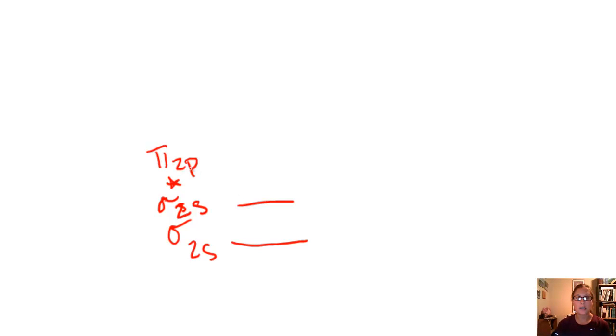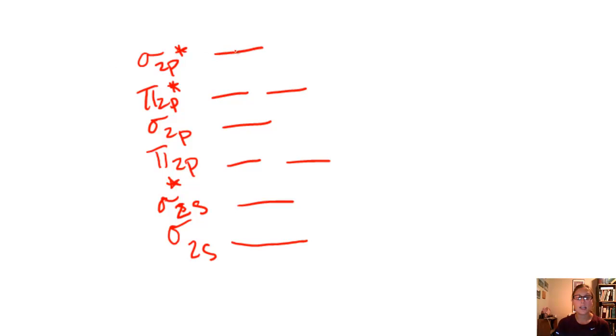Then we have pi 2p, then sigma 2p, then pi 2p asterisk, and then sigma 2p asterisk. The energy increases as you go up that direction. This is the order that molecular orbitals will fill. It's a good idea to, I don't want to say memorize, but understand this order, because that way when you fill, you're going to fill in the right order.